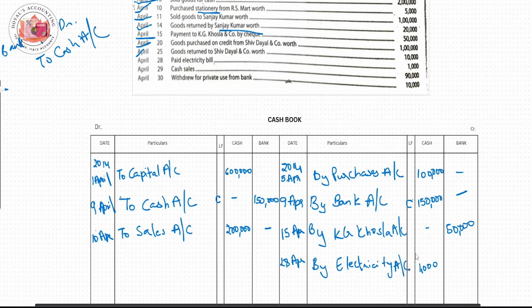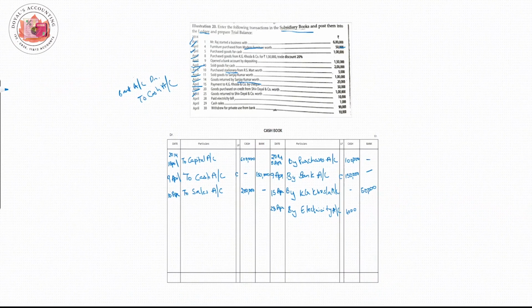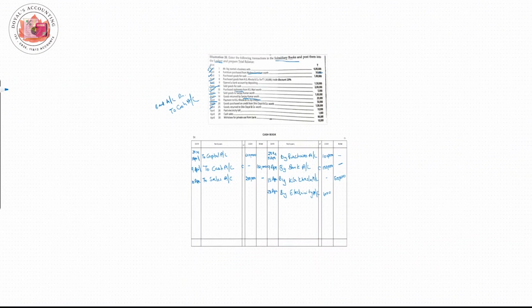Now I will open an account in the name of electricity. You might find this quite tedious, but this is how the process is. Electricity account, credit, debit, 2014, 28th April, electricity account debit to cash account 1000.